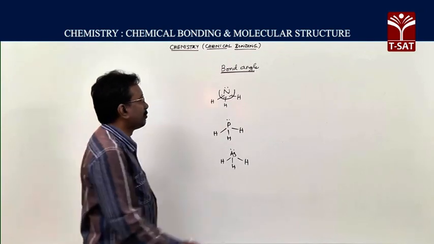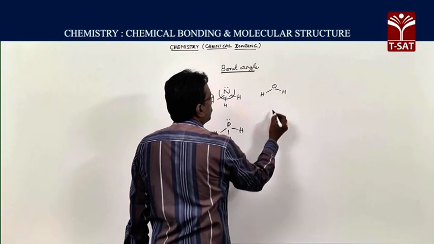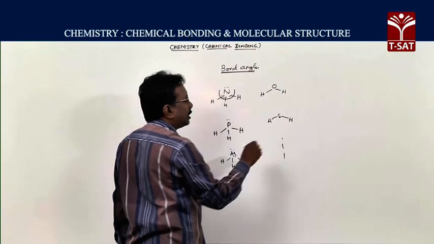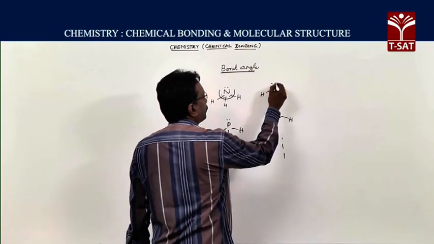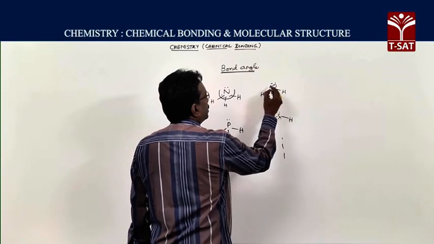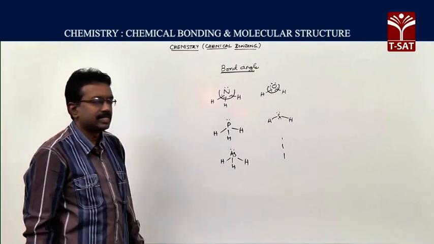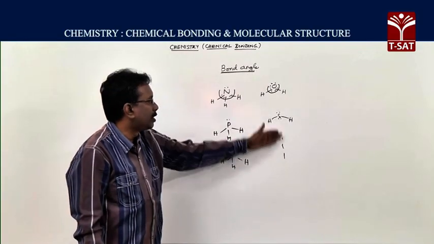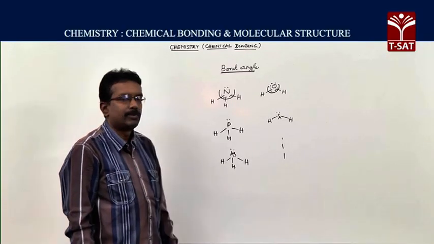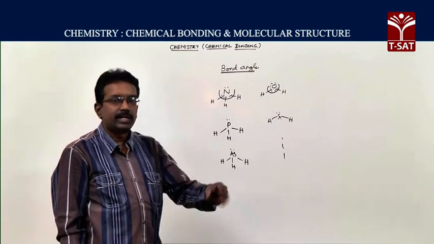This same concept we are applying in 6th group hydrides also. I am taking H2O, next I am writing H2S. Like that we have hydrides of 6th group elements, with 2 lone pairs. This oxygen is more electronegative. Because of the more electronegative character, bond pairs come closer, therefore more bond angle in the case of H2O. So here also bond angles gradually decrease. This is the significance of bond pair repulsions based on the electronegativity difference between the central atom and the bonded atom.